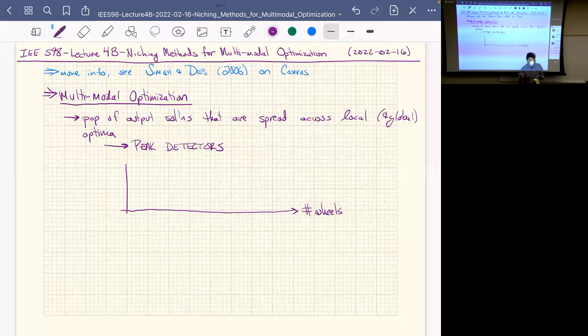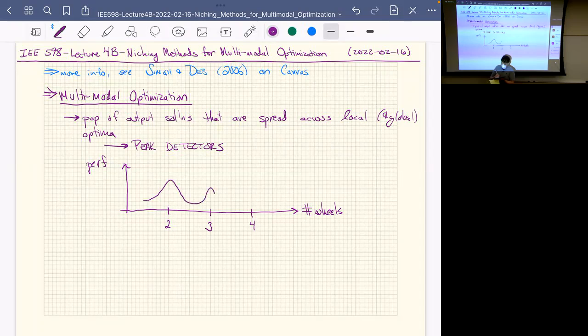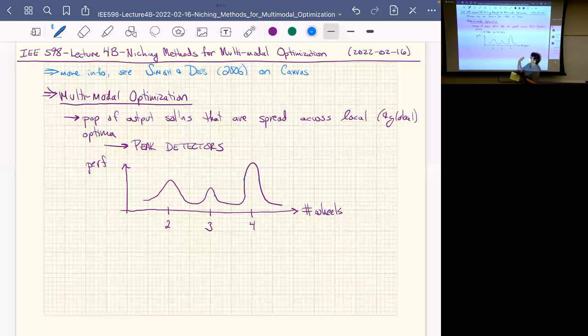Of course, that could only be integers, and you have some performance here. There's no benefit to having a fractional wheel. So you could imagine that you would have peaks in your optimization objective at 2 wheels, 3 wheels, and 4 wheels.